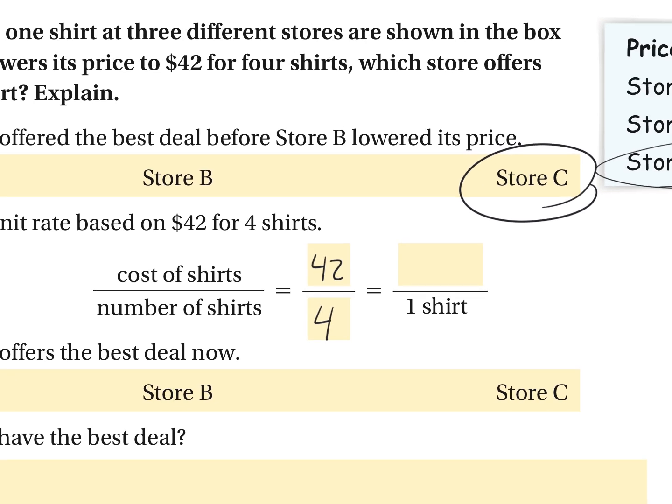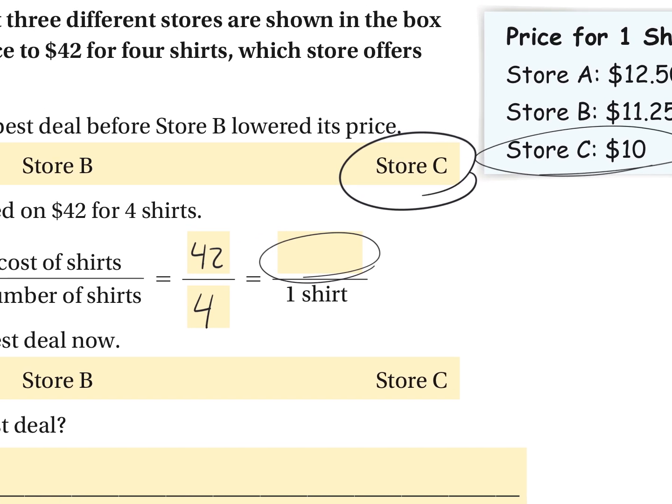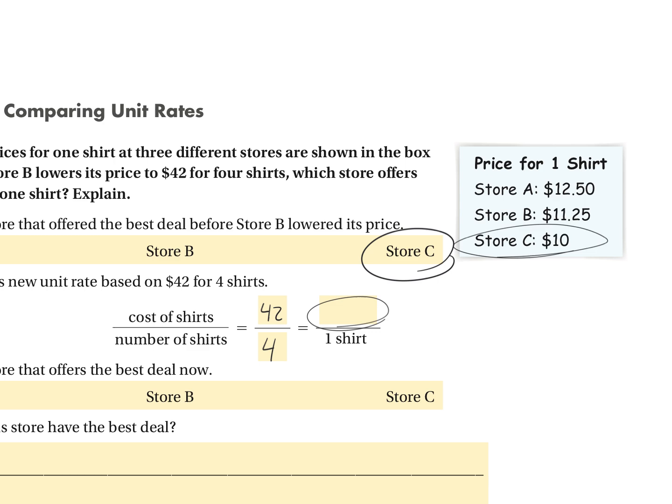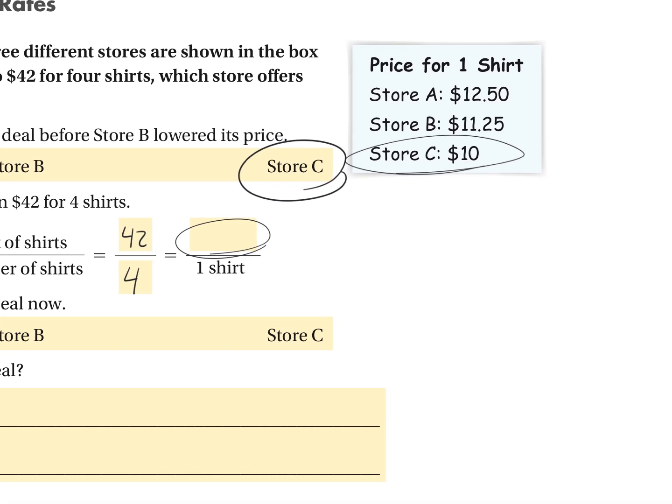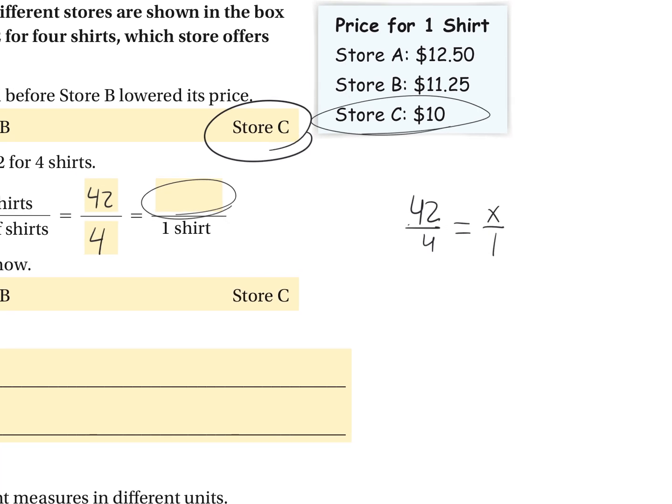All right. And then to find this missing piece right here, you can do it the way that we've been doing with the proportions. So you can think of it as 42 over 4 equals x over 1, and just solve this. So 42 times 1 is 42, equals 4 times x, which is 4x.